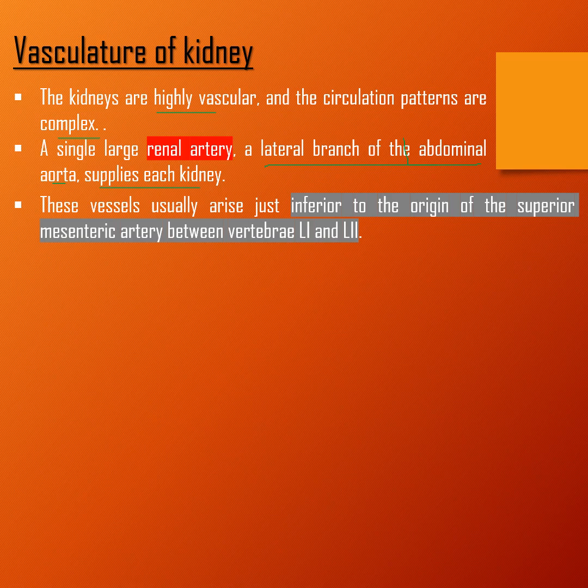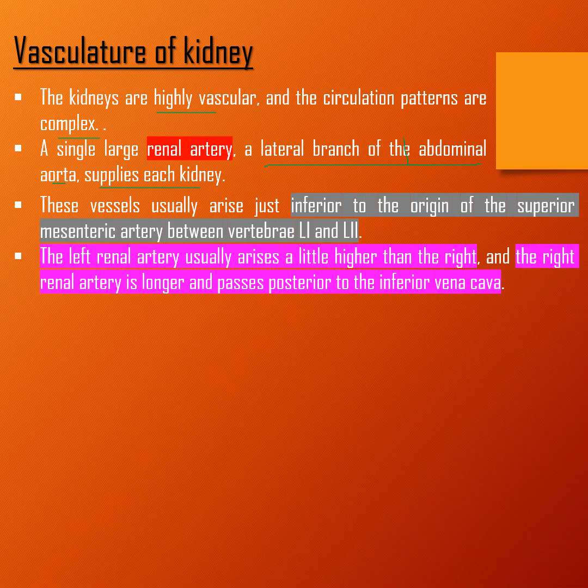These vessels usually arise just inferior to the origin of the superior mesenteric artery, between vertebrae L1 and L2. The left renal artery usually arises a little higher than the right, just because the left kidney is placed more superiorly than the right kidney.